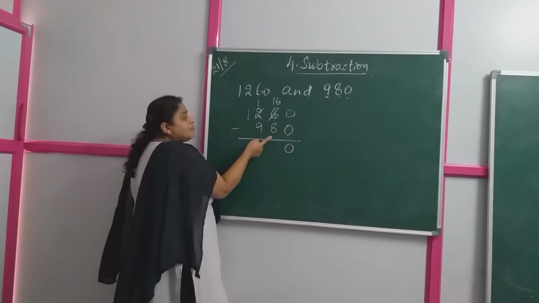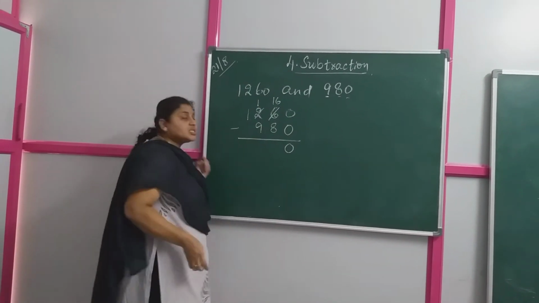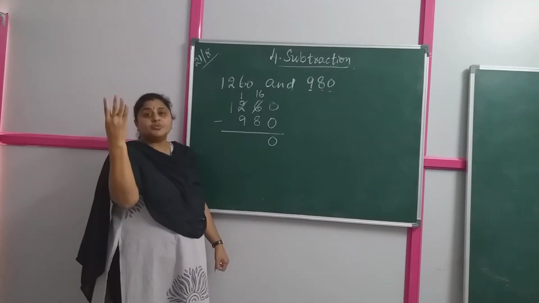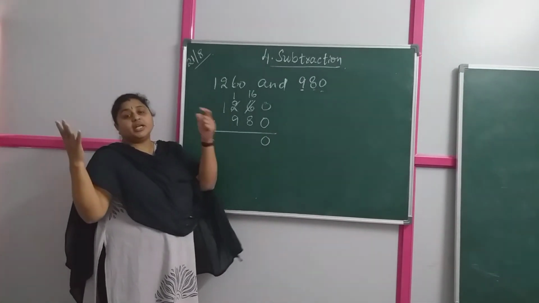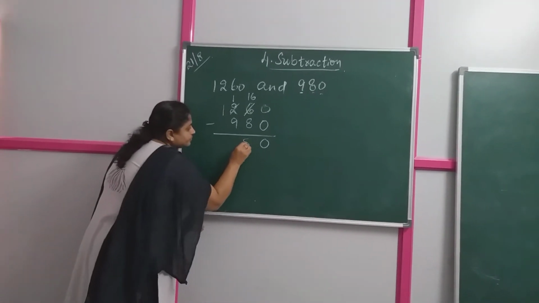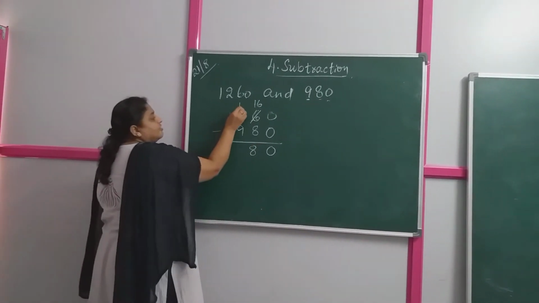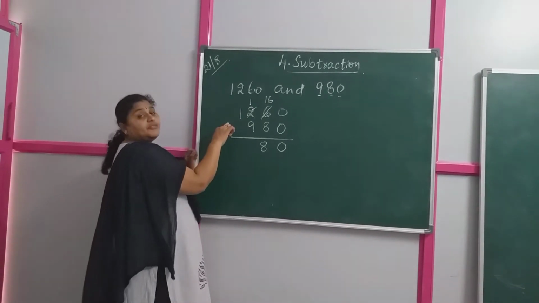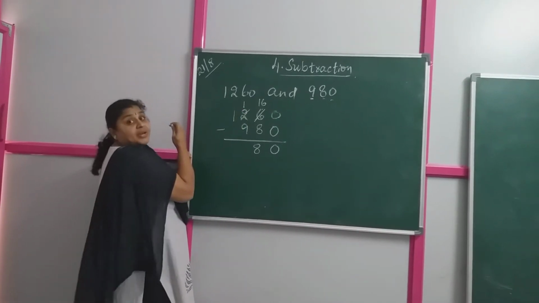Now 16 minus 8. Come on, start counting after 8. 9, 10, 11, 12, 13, 14, 15, 16. So I got 8. Next again 1. From 1 can I take away 9? No. Again we are going to borrow from the previous number.